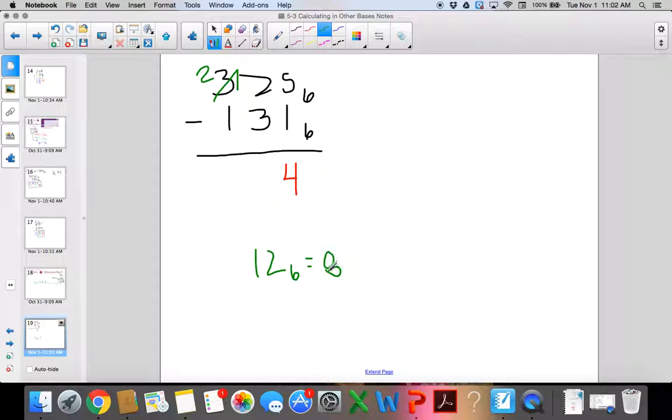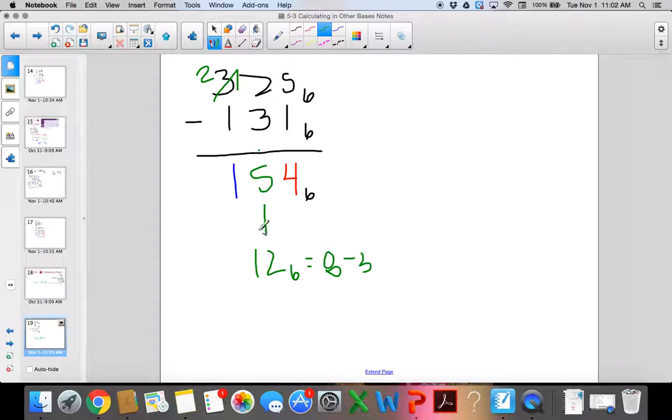So what we're really doing here is 8 minus 3, and 8 minus 3 is 5. Still base 6, but it's less than 6, so we're good. And then 2 minus 1 is beautiful, and it's just 1. And remember, this whole answer is base 6.